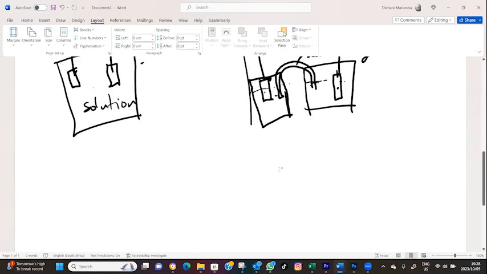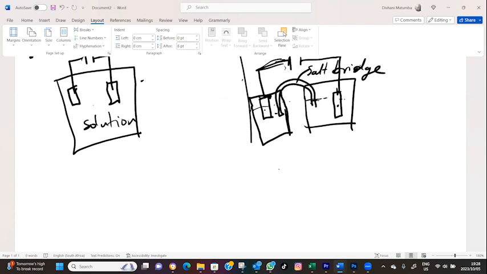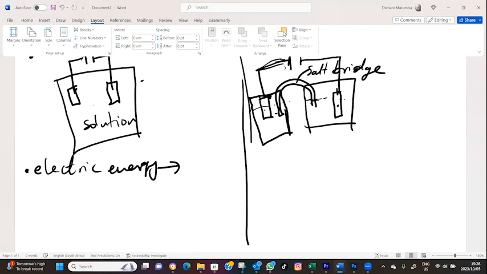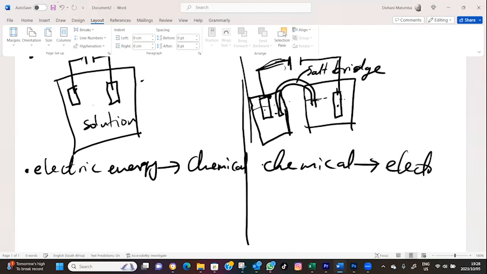Now, the difference between the two: with this one, electrical energy is converted to chemical, whereas with this one, chemical is converted to electrical.